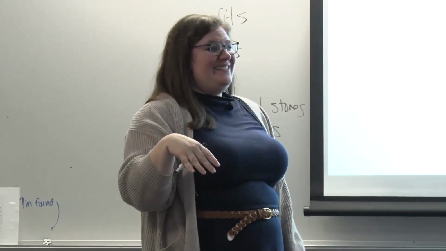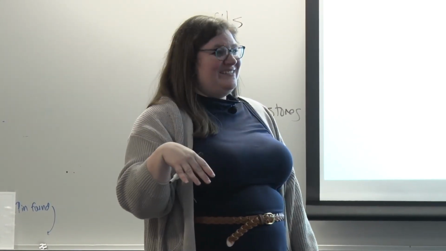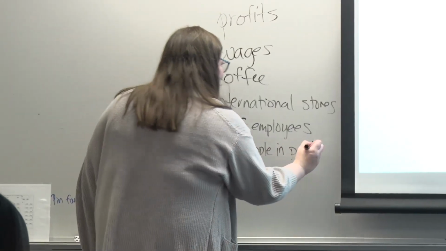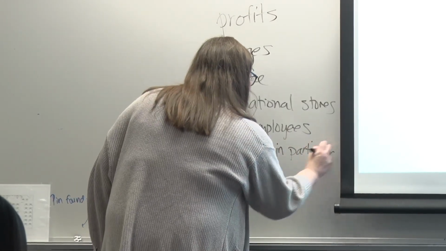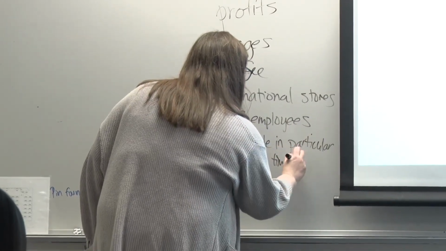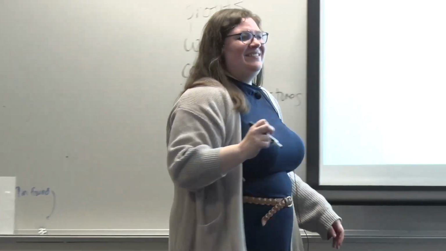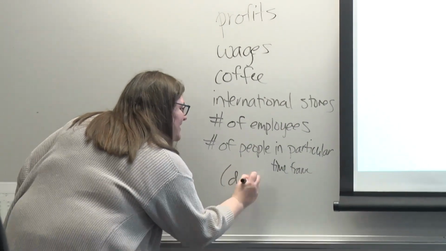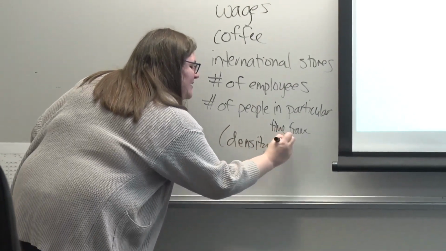Chick-fil-A, there's not a lot of them, but they're always crowded. But I've never been into a Subway where I've been in a line more than 2 or 3 people deep. Right? I see what you're saying. I was thinking the time it takes to get them through the line. All right, so you're saying the density of customers, the number of people in a particular time frame, we have density of customers.